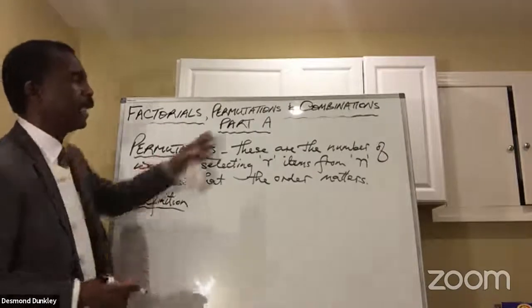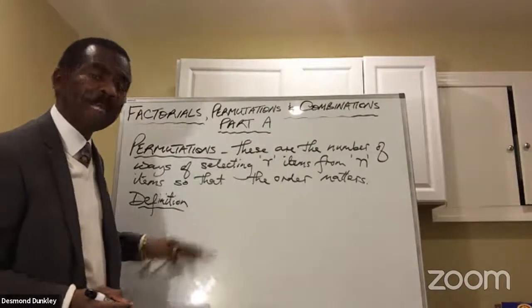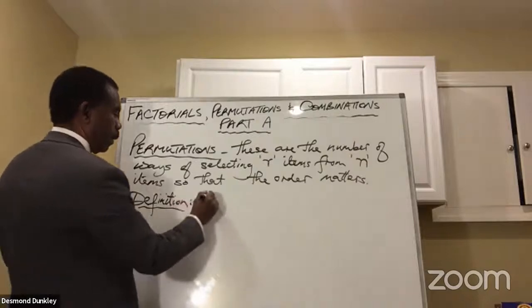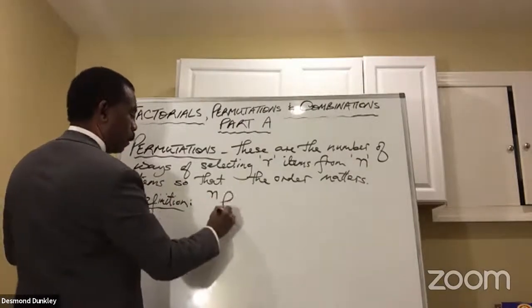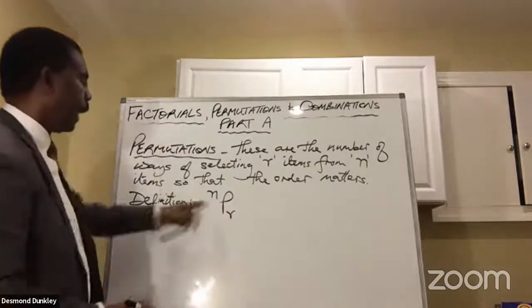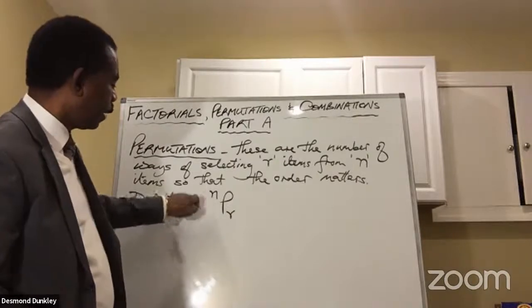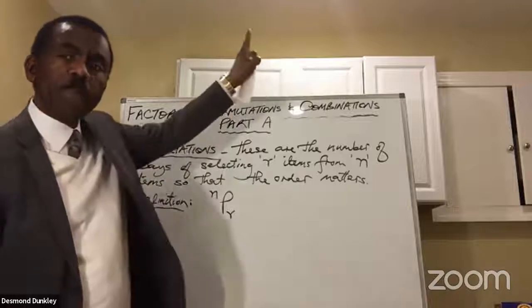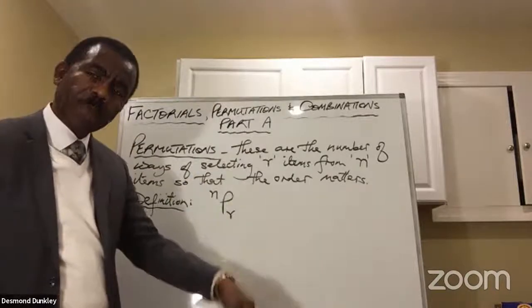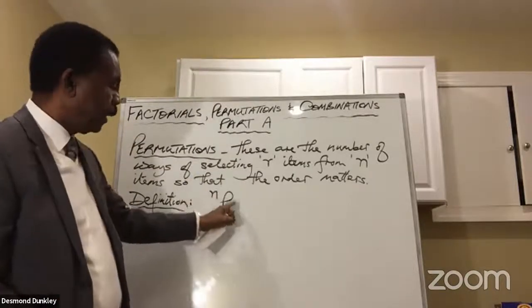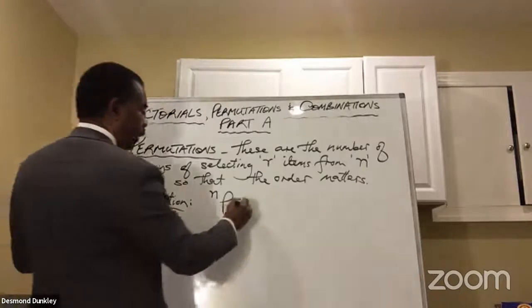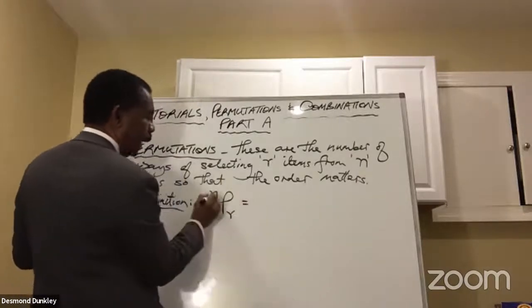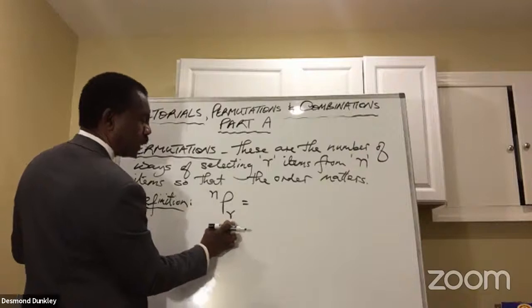So this is a literal definition. This is a mathematical definition. So this is n items, nPr. The n is a superscript, the r is a subscript. So nPr means n items chosen r at a time.